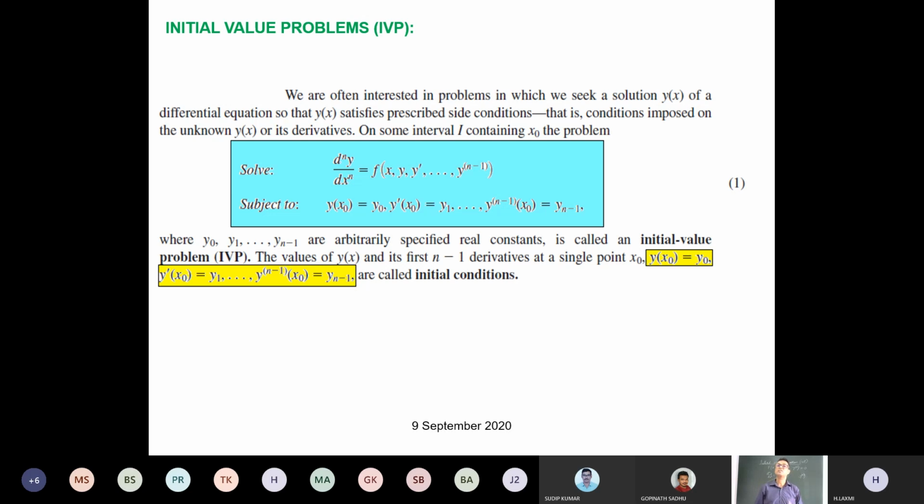Those conditions will be called initial conditions. So basically, we are going to solve this differential equation subject to initial conditions.